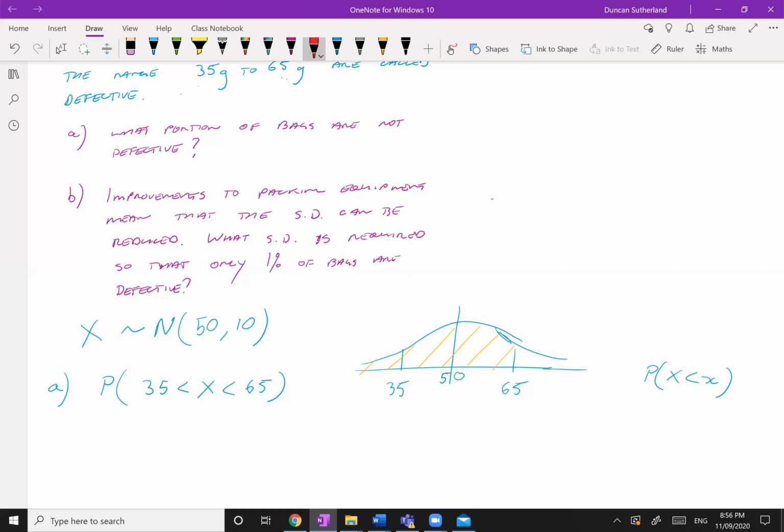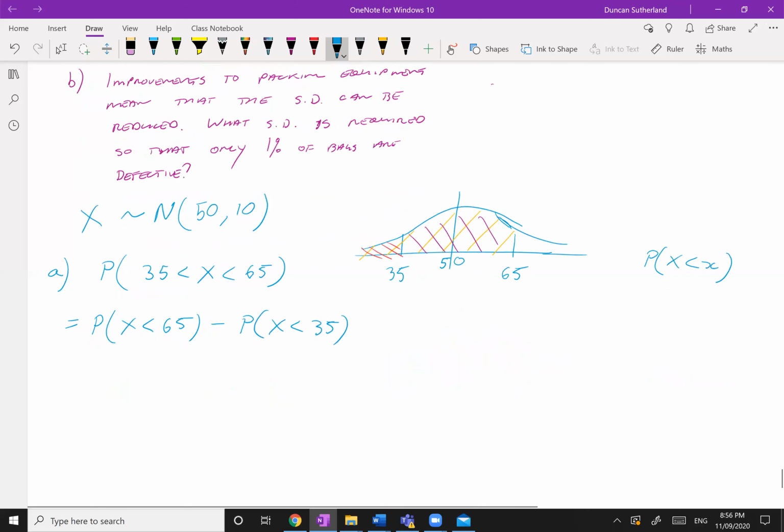That's the yellow area. We've got to subtract off this red area to get the purple area that we want, right? So we've got P(X less than 65) minus P(X less than 35). That's the probability we want. So we take the yellow thing, we subtract off the red thing, and we get the purple thing.